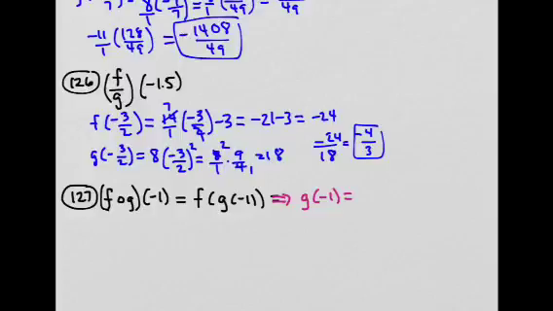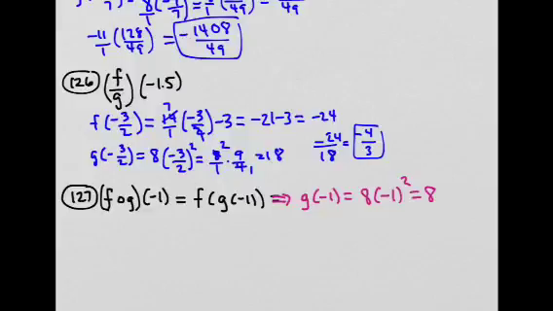Okay, for 127 we have a composition, f of g of negative 1. And so I rewrote it so that you could see the other notation for it. So I'm going to do g of negative 1 first. So let's see, negative 1 squared, so that gives me 8, right?